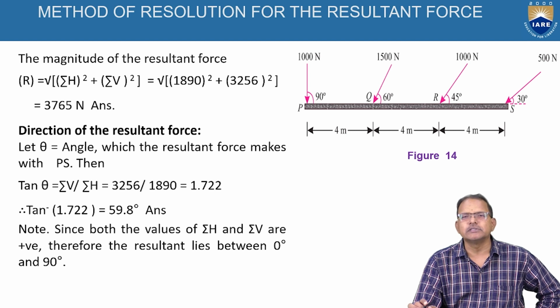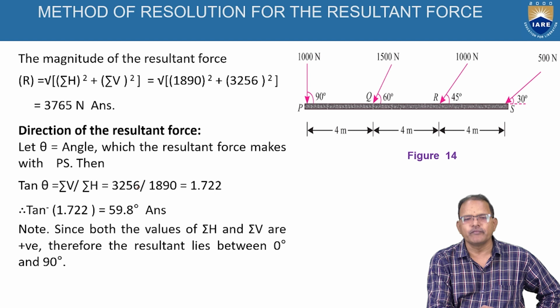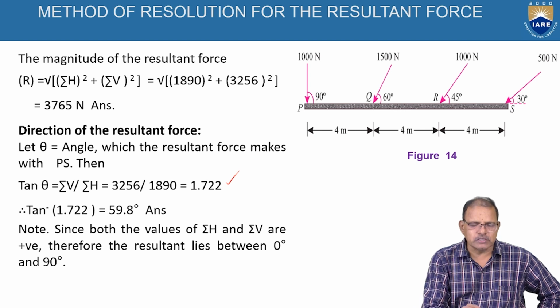So tan theta is equal to sigma V divided by sigma H, which is 3256 divided by 1890, equal to 1.722, which gives theta equal to 59.8 degrees.